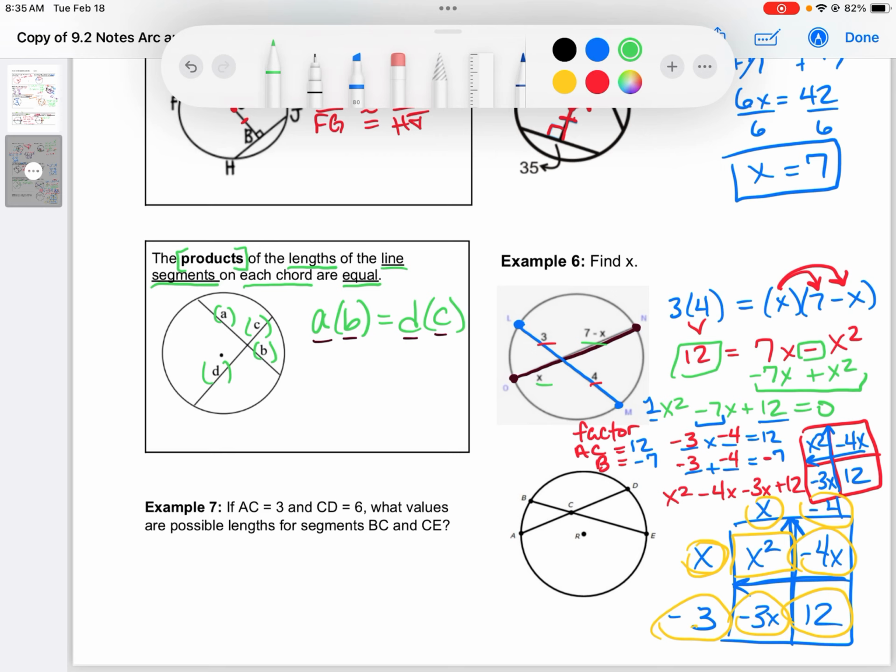So my answers up here, I know this is a long problem, my answers up here are that x -3 and x -4 are my intercepts, and I would just set those to equal 0, and I would get that x equals 3 and 4. That was a throwback to Algebra 2 right there.